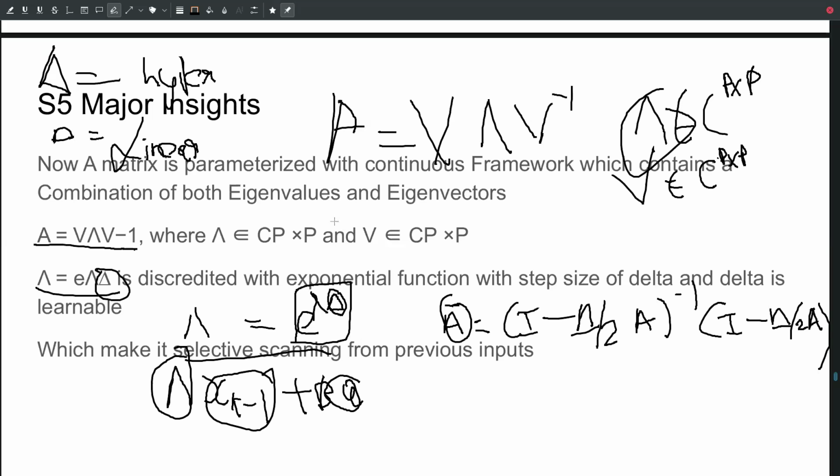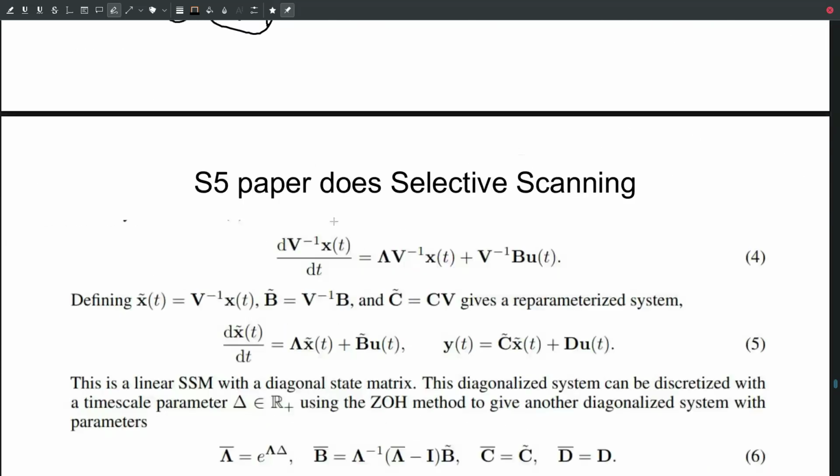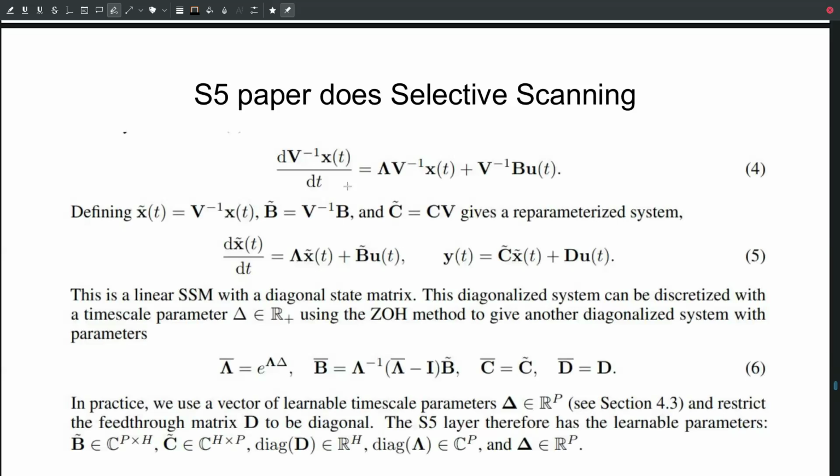I hope this was understandable. This is the same stuff: x dot in the state space model is this. I hope you were told this in the previous session.